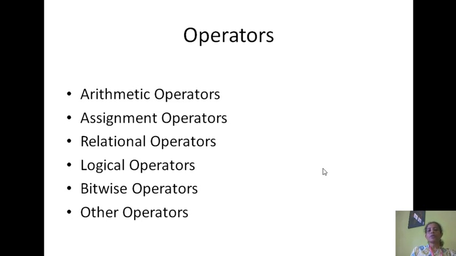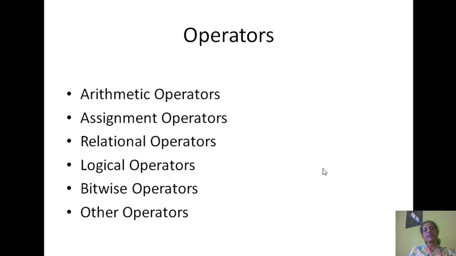The next category of operator in C++ is the logical operator. From the name, we get that these operators are related to logical values. In the logical operator category we mainly get 3 different operators: logical AND, logical OR, and logical NOT.